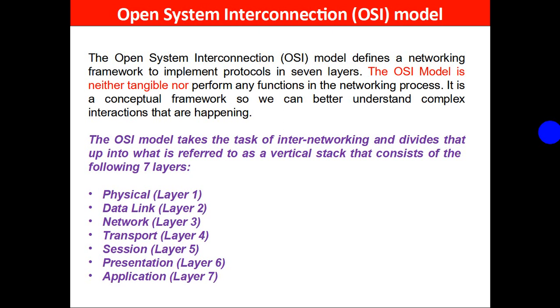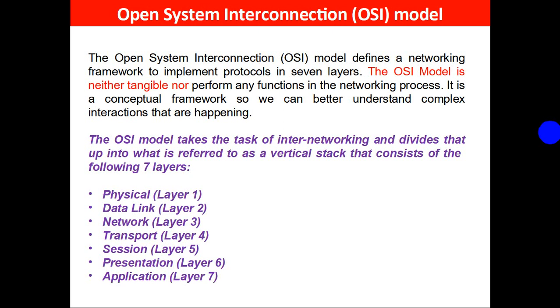I know it will be hard to memorize all 7 layers from layer 1 to layer 7, so I will give you mnemonics so that you can easily memorize all 7 OSI model layers. The mnemonic is: Please Do Not Throw Sausage Pizza Away. Please, that stands for P, physical layer. Do, first letter D, stands for data link layer, and Not stands for network layer.